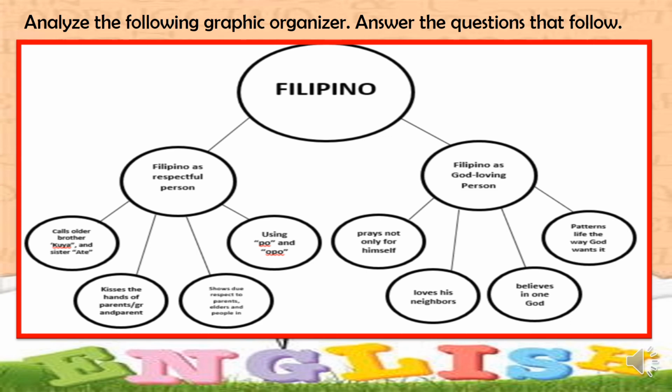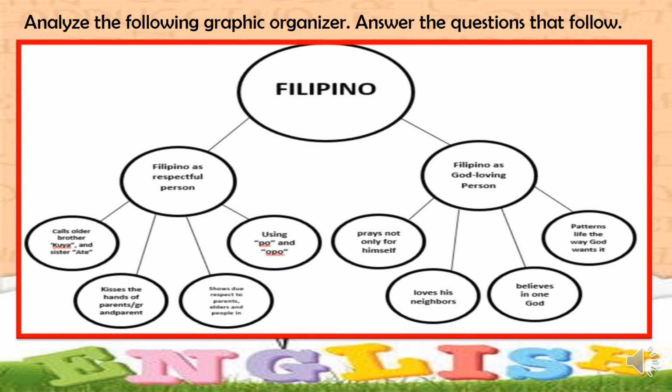Now, the question is, based on the semantic web, who is a respectful person and a God-loving person? Okay, so the answer is Filipino. Now, how do Filipinos show respect to others? They call older brother kuya and sister ate, kiss the hand of parents or grandparents, and show due respect to parents, elders, and people.